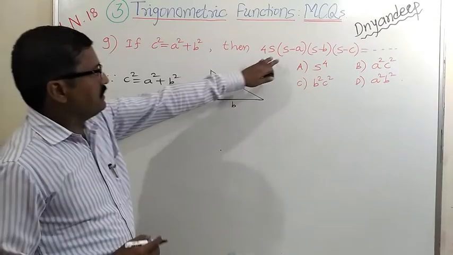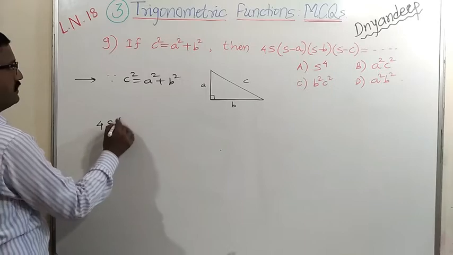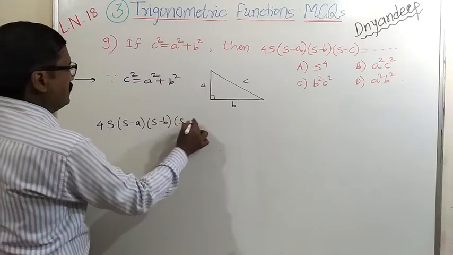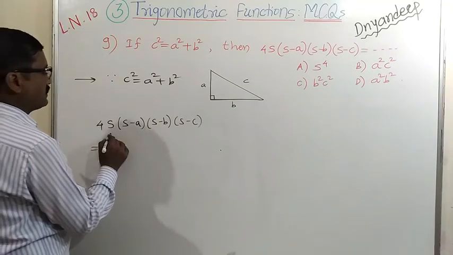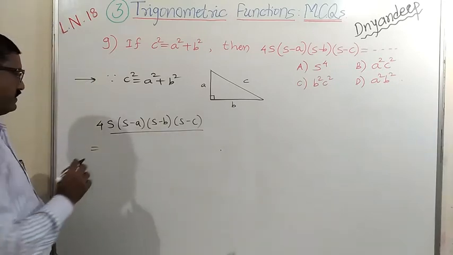Now in this triangle, let us find the value of this: 4s in bracket s minus a into s minus b into s minus c. You know that this root of s into s minus a, s minus b, s minus c is nothing but the area of triangle.